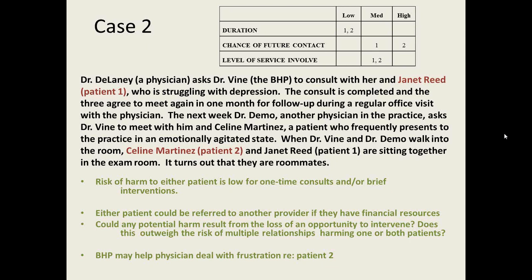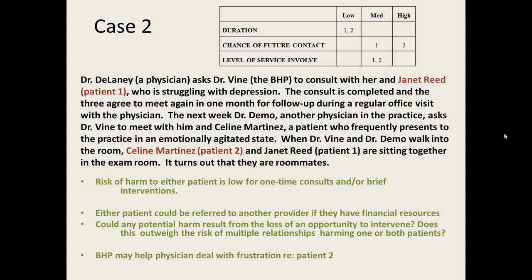So some of the things that we think about are, if the patient's depression gets worse, for patient number 1, we would definitely want to have a higher level of activity or involvement with that patient. It may be that we refer that patient out if we have a resource to do that. It may be that we work closely with the doctor if, as relationships progress, things have gotten more sticky.